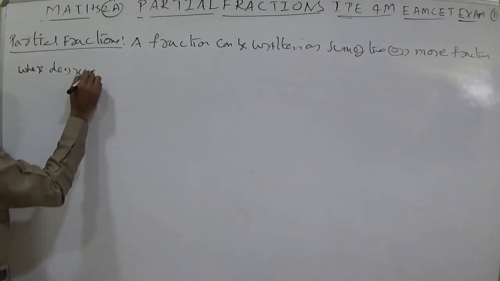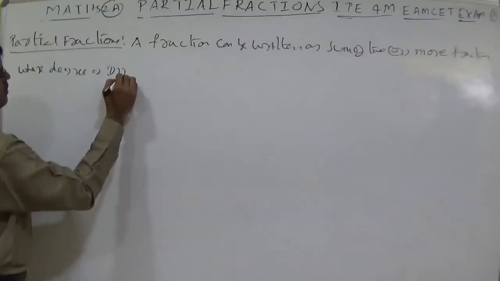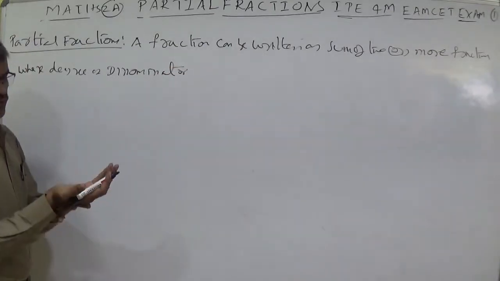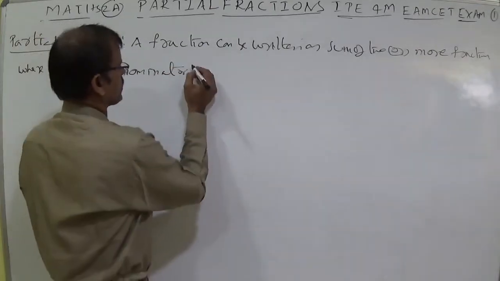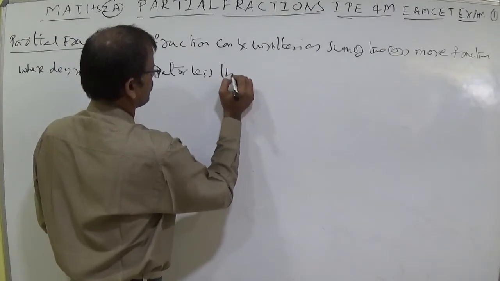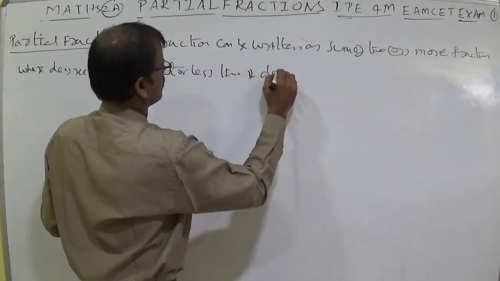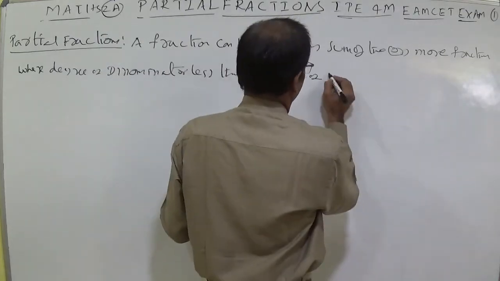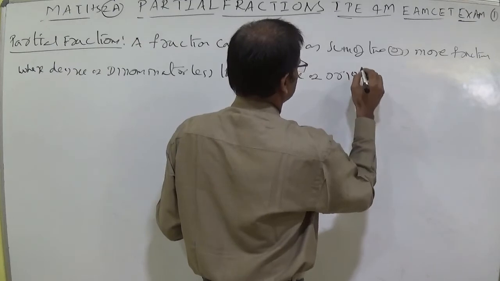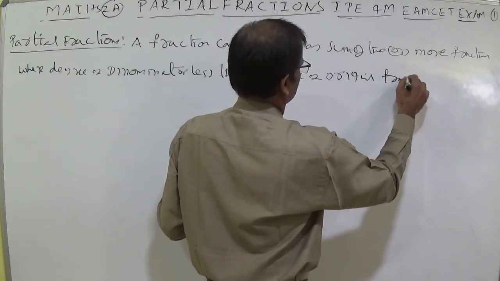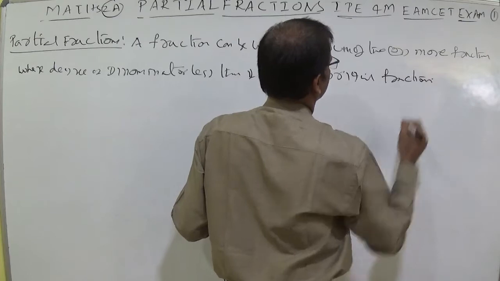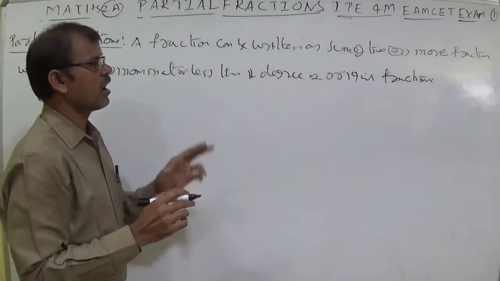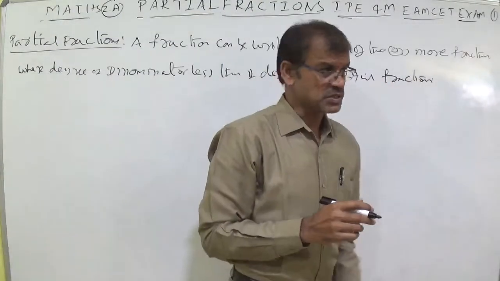the degree of denominator is less than the degree of the original fraction. A fraction can be written as a sum of two or more fractions.